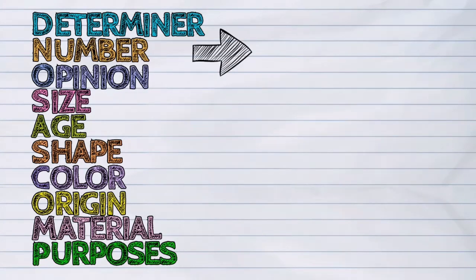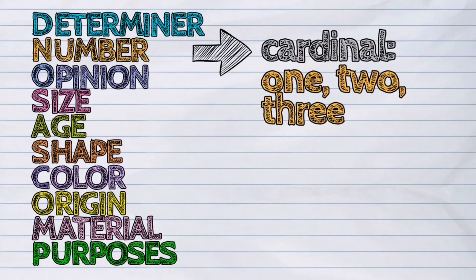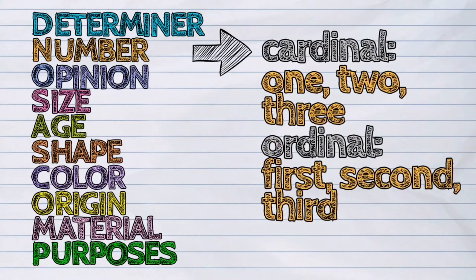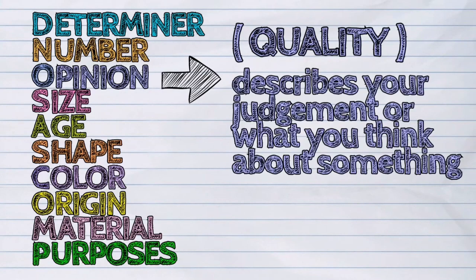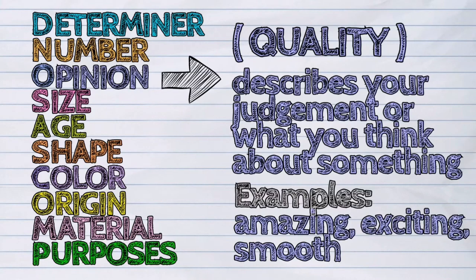While numbers are cardinal like 1, 2, 3, or ordinal like first, second, third. Opinion or quality describes your judgment or what you think about something, like amazing, exciting, smooth.